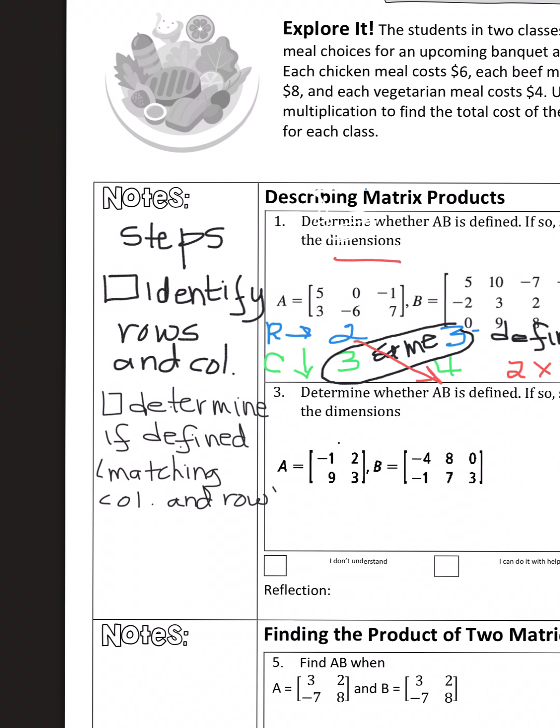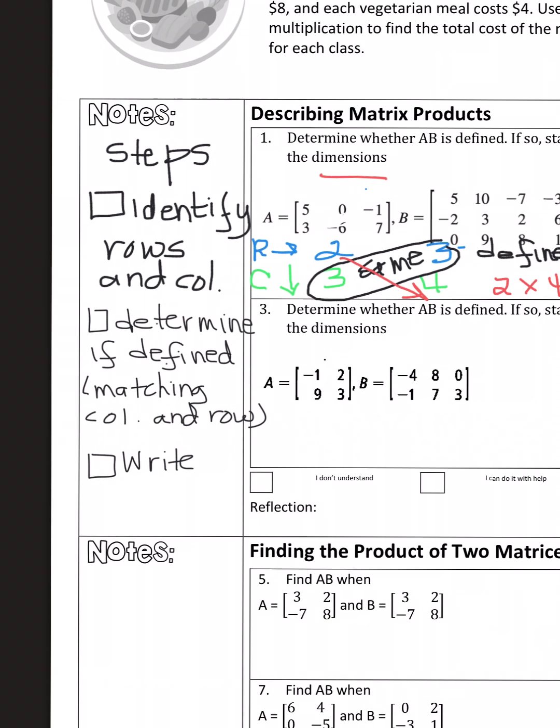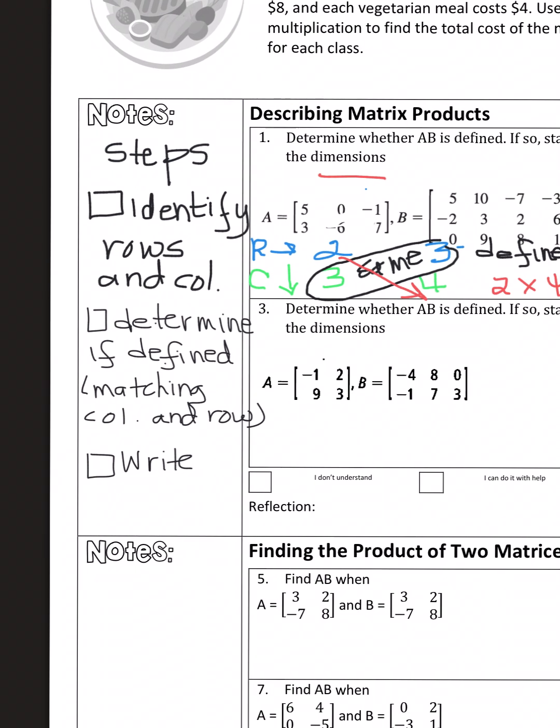So do we have a matching column and row? Finally, if we say yes, it is defined, then we're going to write the dimensions with the remaining numbers or unused numbers.